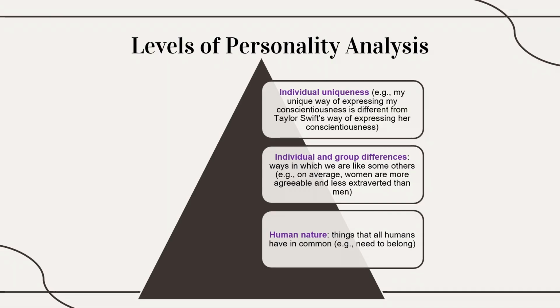For example, psychologists sometimes study average personality differences across genders, cultures, or age groups. And the final level is human nature. This refers to characteristics all humans share, such as emotions, attachment needs, or the desire for belonging. So, personality psychology studies what makes us unique, what makes us similar to certain groups, and what makes us fundamentally human.